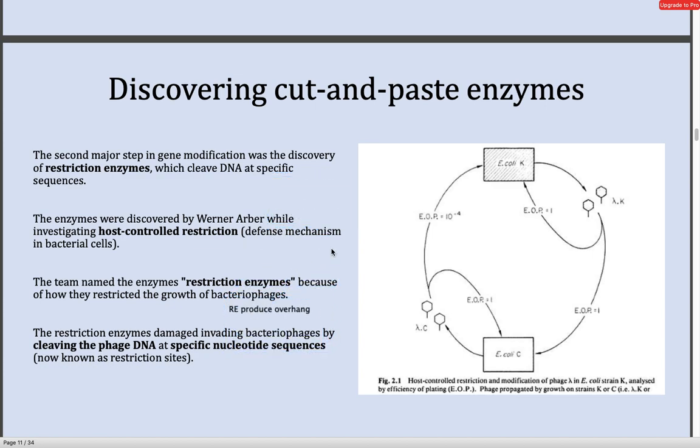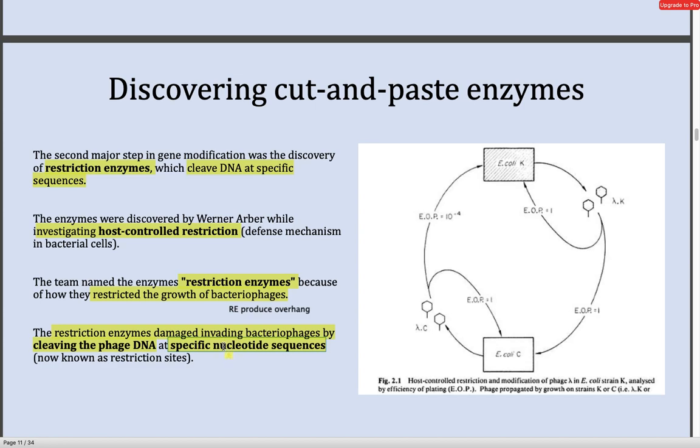This slide shows you how restriction enzymes were first discovered. They were first discovered in bacteria because they were used to prevent the growth of bacteriophage, which would attack the bacteria. They realized that these restriction enzymes would cleave the phage DNA at certain sequences.